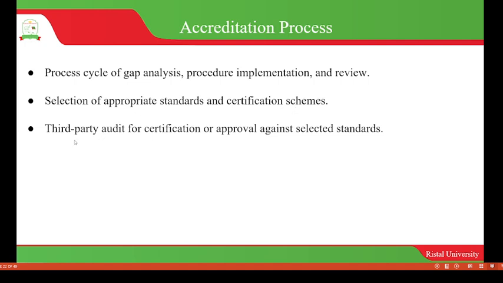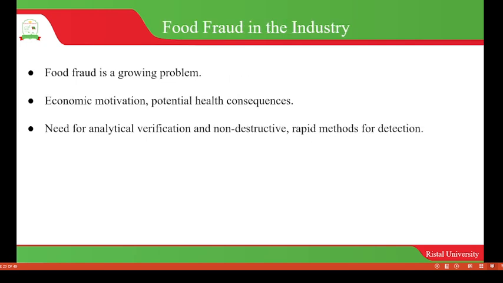Then it also involves a third party audit for certification or approval against selected standards. Then another important thing that we need to understand is food fraud in the industry.